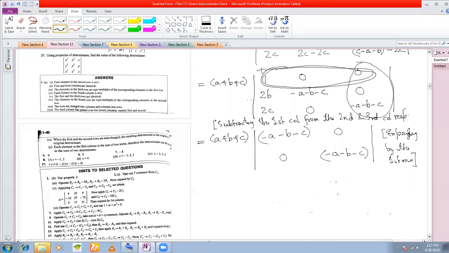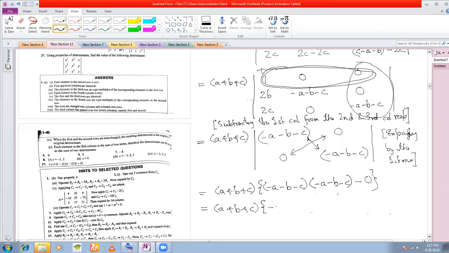Okay, so now you get a plus b plus c into minus a minus b minus c into minus a minus b minus c, minus 0 into 0. So now a plus b plus c into minus a plus b plus c into minus a plus b plus c.